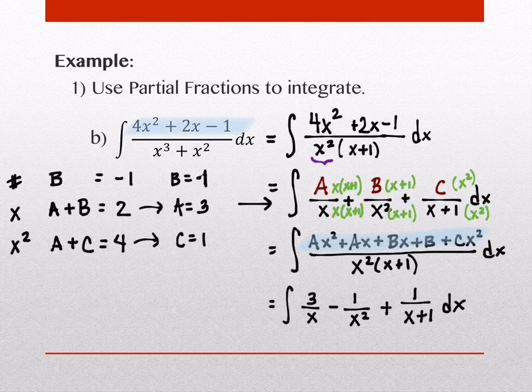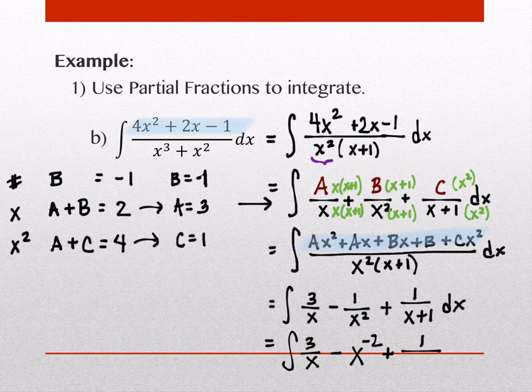What's going to happen when you integrate the 3 over x? It's going to be a log, right? You're going to get a natural log. I'm actually going to do it here in a second. The second piece, the 1 over x squared, that's not a log, correct? Not a log. So that one would be helpful for us probably to think about as being rewritten as x to the -2.